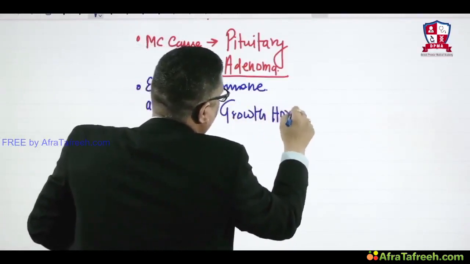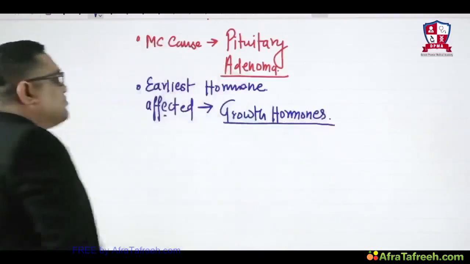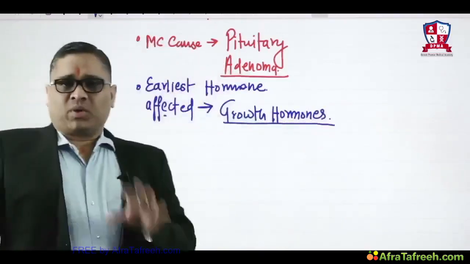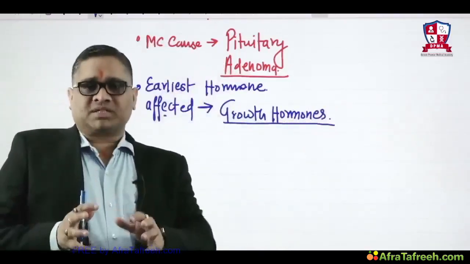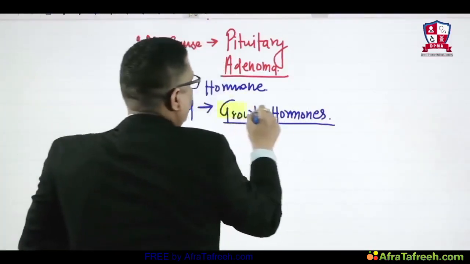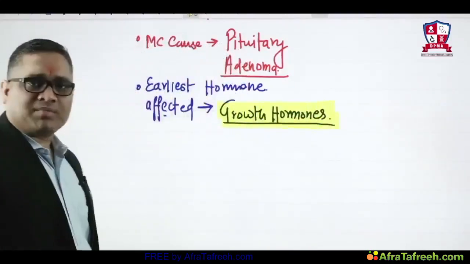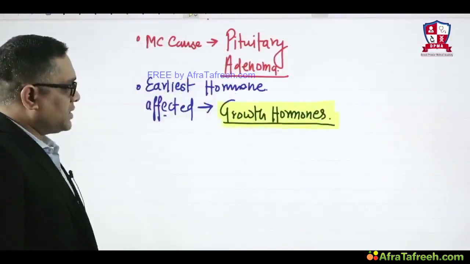So your answer should be that growth hormone is the earliest affected in hypopituitarism. Which hormone will be first affected in hypopituitarism? Growth hormone will be first affected.